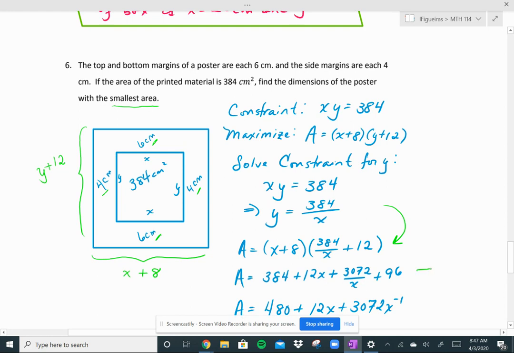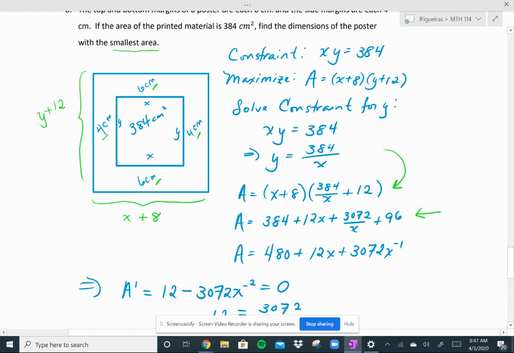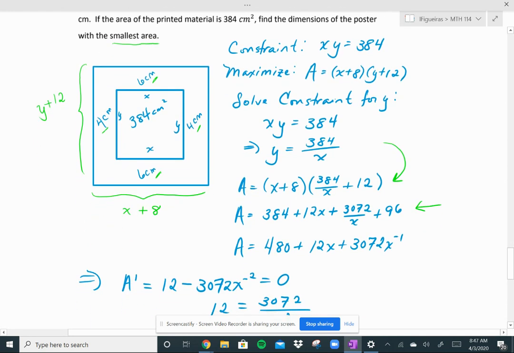So here I have just FOILed out that product. So I get A is equal to 384 plus 12x plus 3072 over x plus 96. And when you combine like terms, the 384 and the 96 becomes 480.